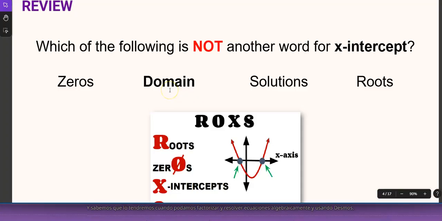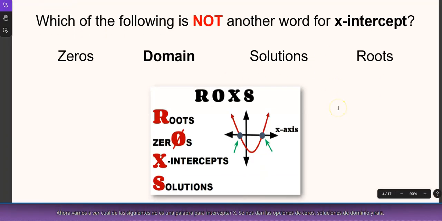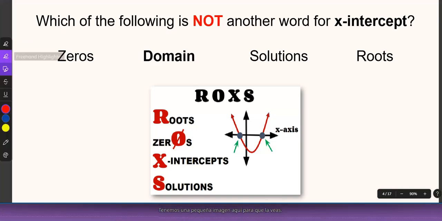Now, we're going to look here. Which of the following is not a word for x-intercept? We are given the options of zeros, domain, solutions, and roots. We do have a little image here for you to look at. Now, although all of these things are related to the x values, domain is not another word for x-intercept.